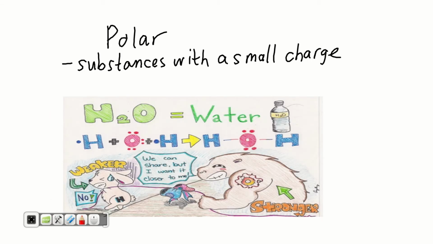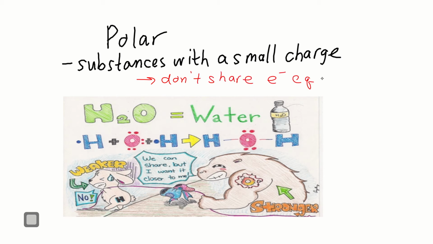So polar substances are substances that have at least some little bit of charge. All right? It turns out polar bonds don't share electrons equally. Okay? So obviously with an ionic bond, ionic is basically the extreme example of a polar bond, where they're not even sharing them at all. There is no sharing.